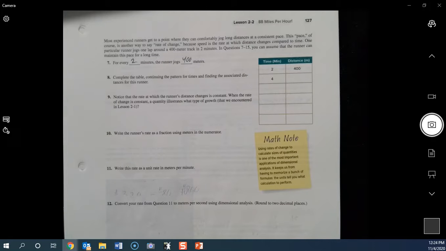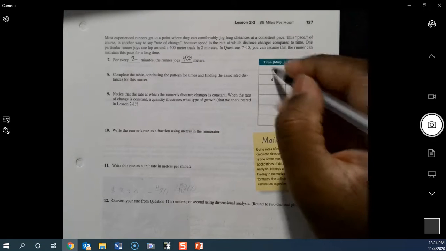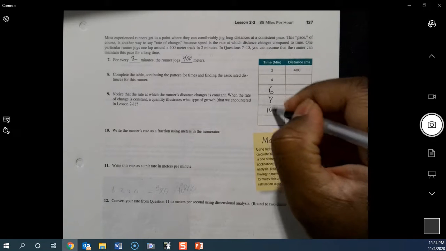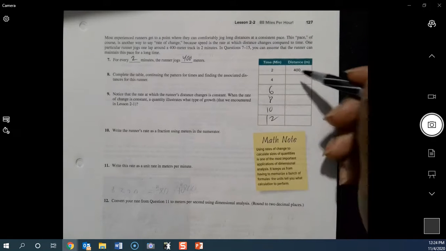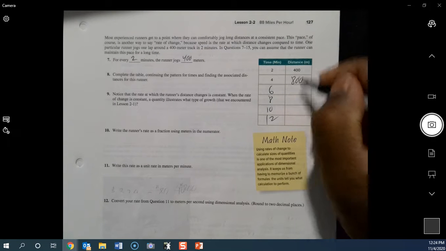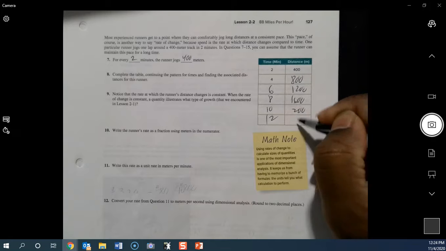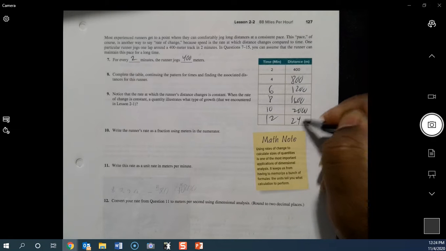It says complete the table, continuing the pattern for times and finding the associated distances for this runner. So if you notice, we're going up 2 minutes. So this would be 6, 8, 10, and 12. And then here we'll be going up by 400. So it'll be 800, 1200, 1600, 2000, and 2400.